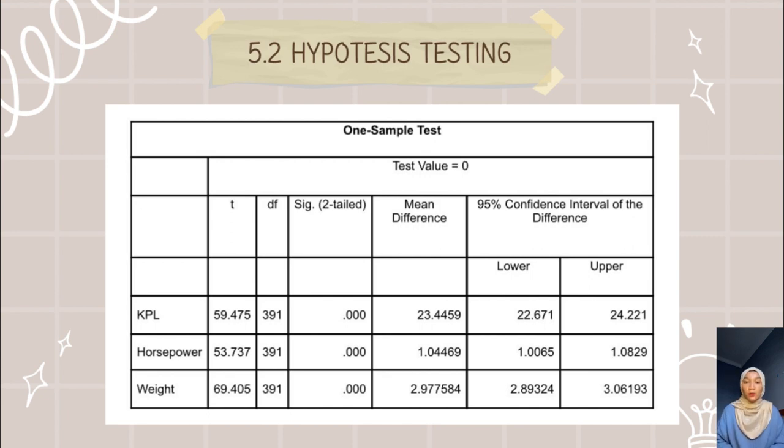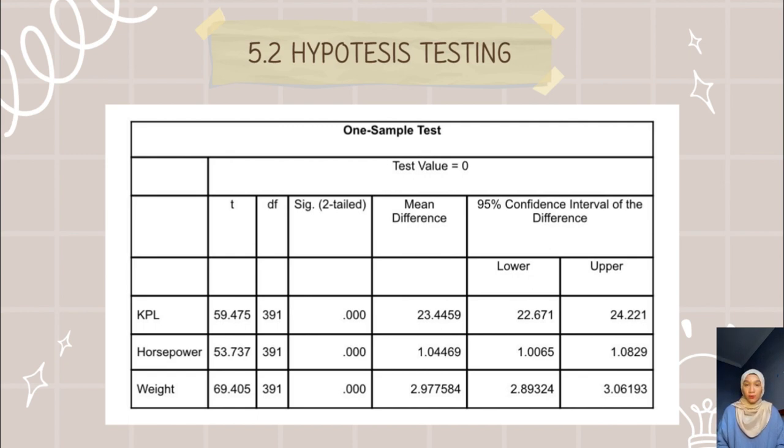For the horsepower group, the t-test is 57.737, while the mean difference is 1.00469, and the confidence interval of the difference for lower is 1.0065, and for upper is 1.0829.